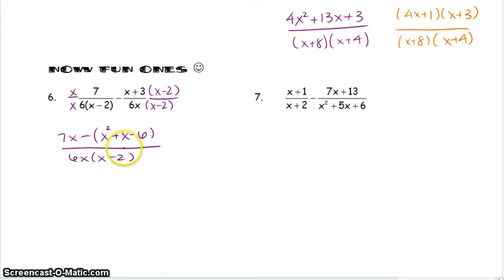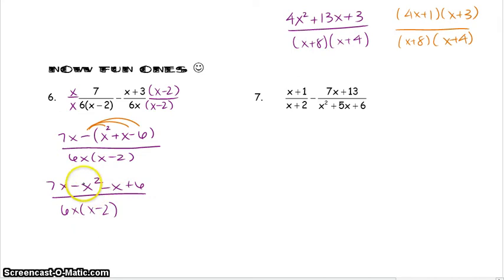Okay, so now let's distribute. If you already distributed this negative in your previous step, that's totally fine. I'm just doing this step by step so we don't lose track of what's happening. So we have 7x minus x squared minus x plus 6 all over 6x times x minus 2.